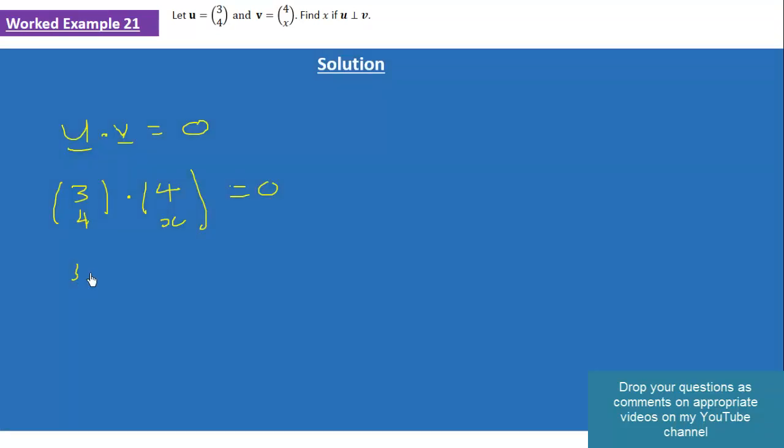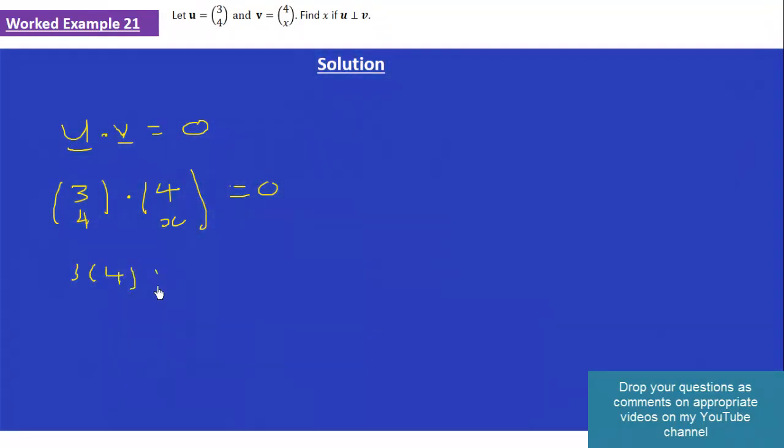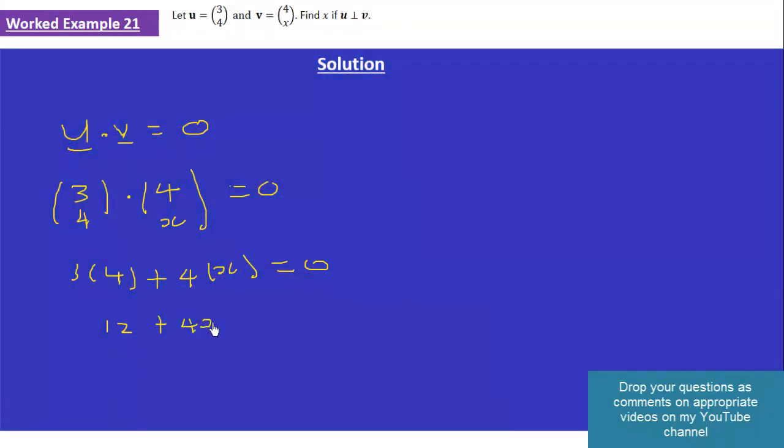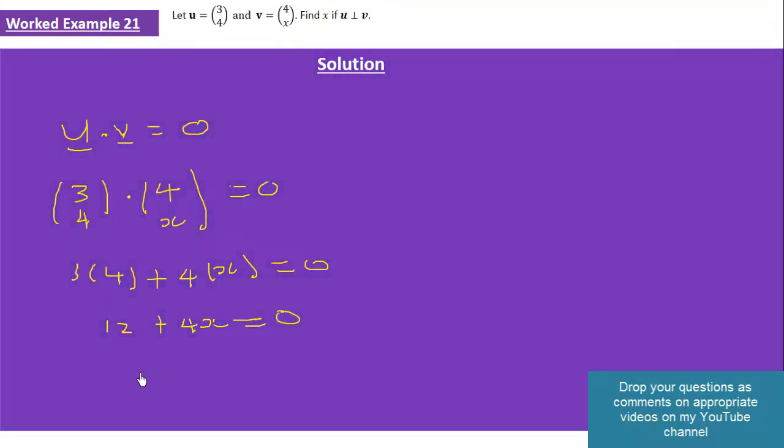So we have 3 times 4 plus 4 times x equals 0. So we have 12 plus 4x equals 0. So we must have 4x be equal to negative 12, and we have x to be equal to negative 3.